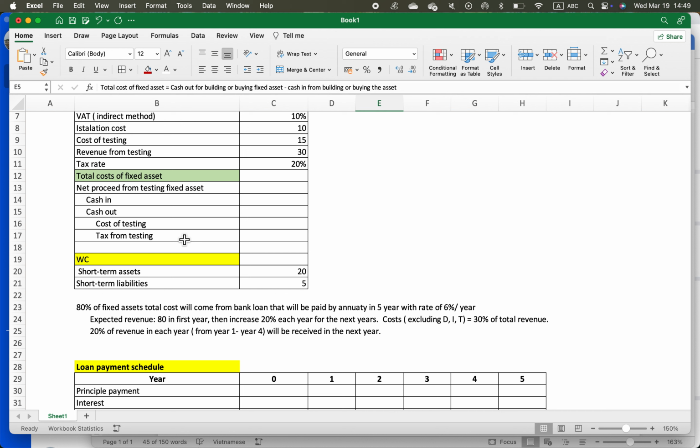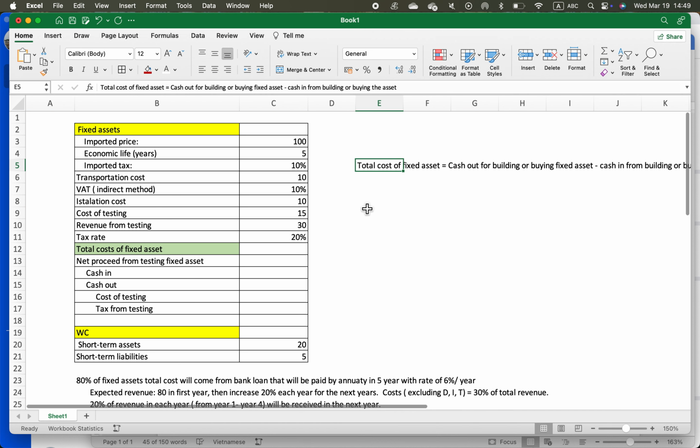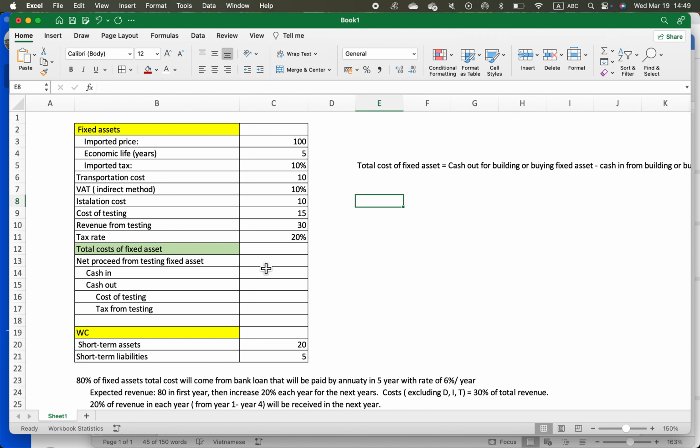So which means that you have to calculate cash in and cash out from the action of testing the asset. So in here the first thing we have to calculate is the cash in from testing the fixed asset. As you see in here, revenue from testing is 30, so cash in is just that.